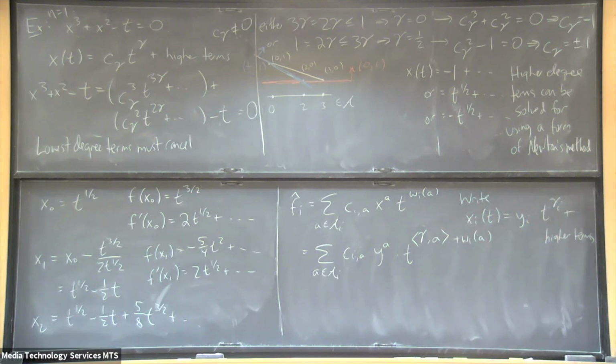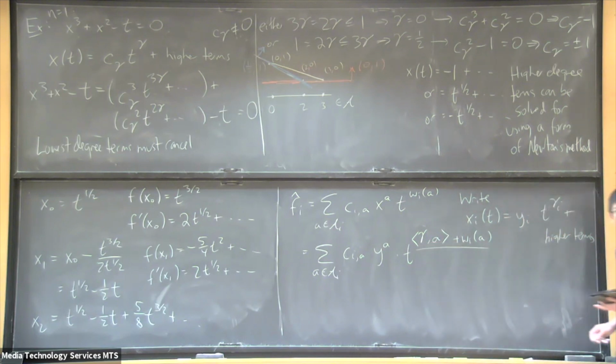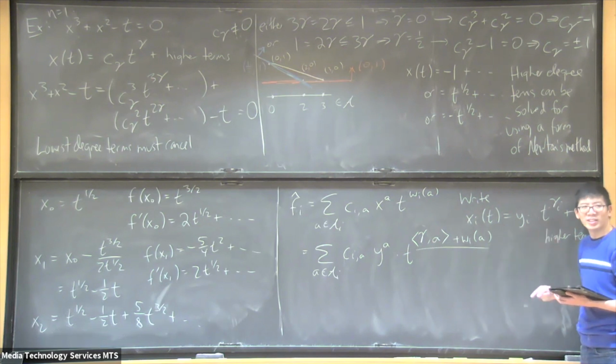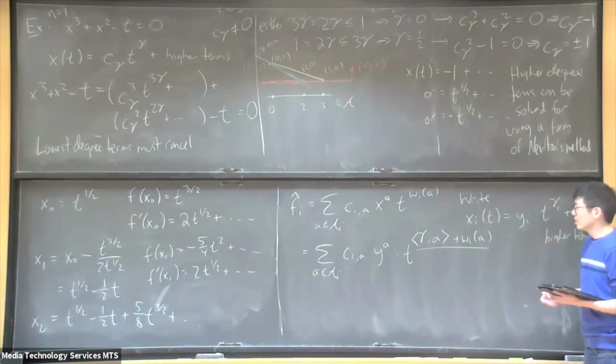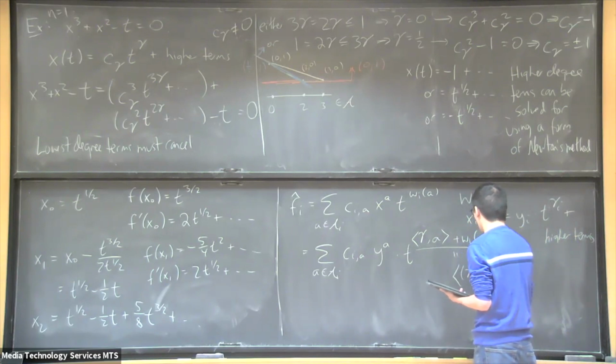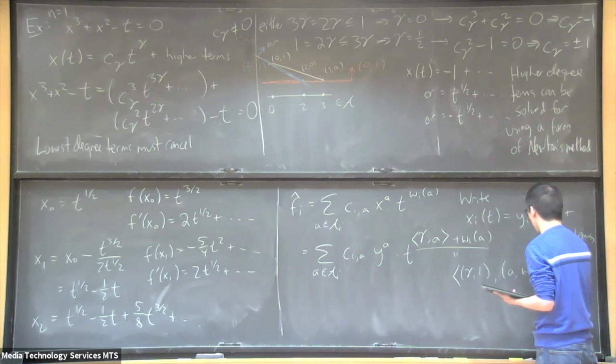And so the point is that if I want to find the lowest degree term of this, what I am doing is I'm trying to just minimize this exponent. And this exponent is just the evaluation of the linear functional gamma, 1 on the point, so I'm evaluating gamma comma 1 on the point a comma wi a.